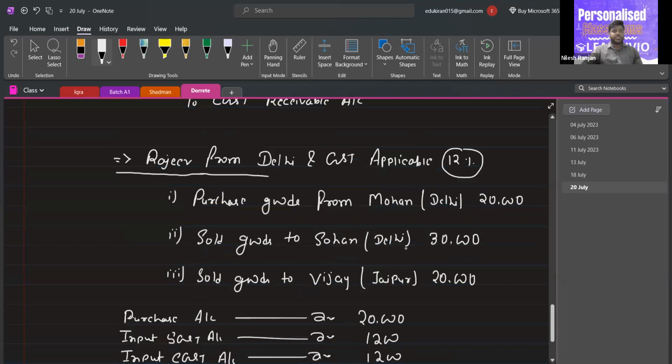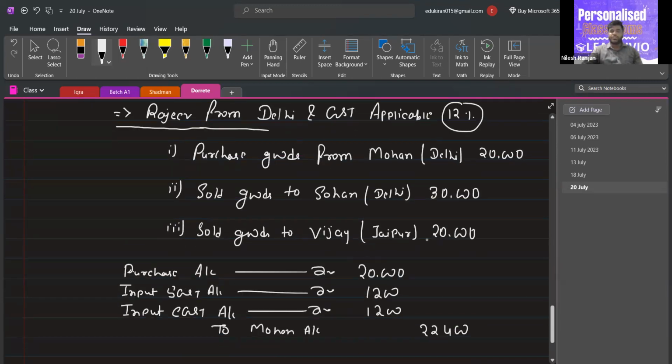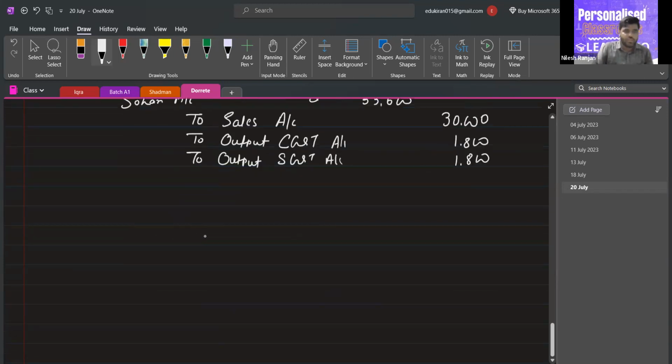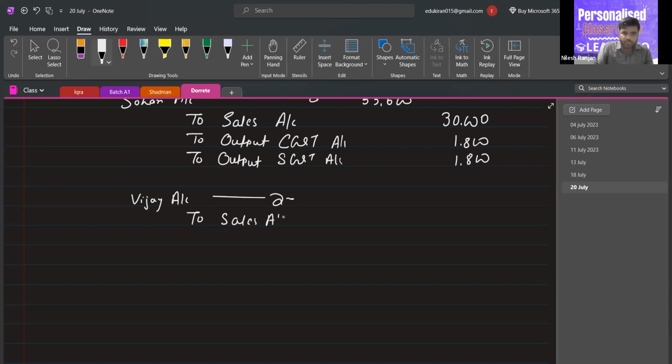Now the next entry is sold goods to Vijay, Jaipur, another state. The state name is Rajasthan, so the state has changed. It is an interstate transaction. So Vijay account debit to sales account, to IGST output account.